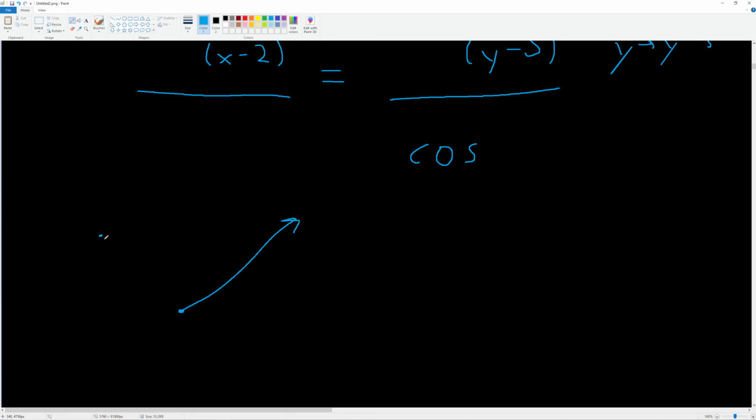So here's a point, that will be the head of our vector, okay? And there's a one-to-one correspondence now between points and vectors because I've specified the tail. So any point I choose, there will be a vector coming out to that point.